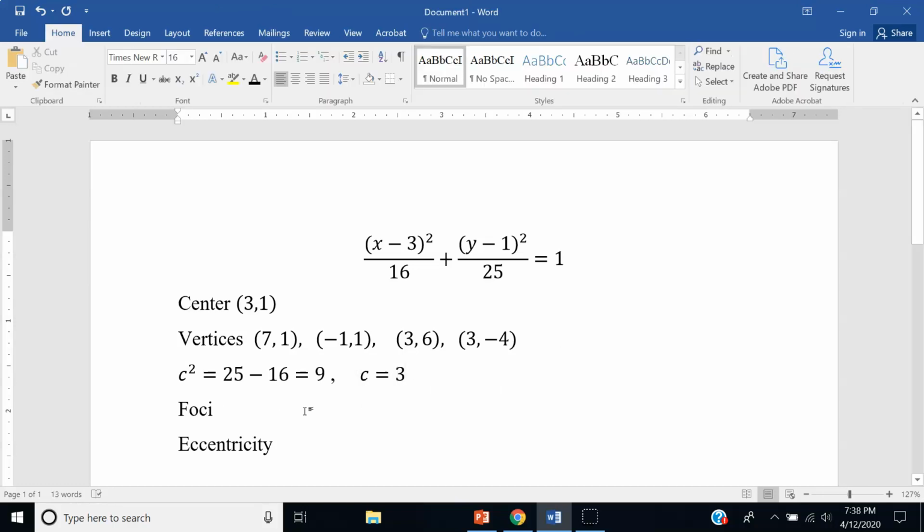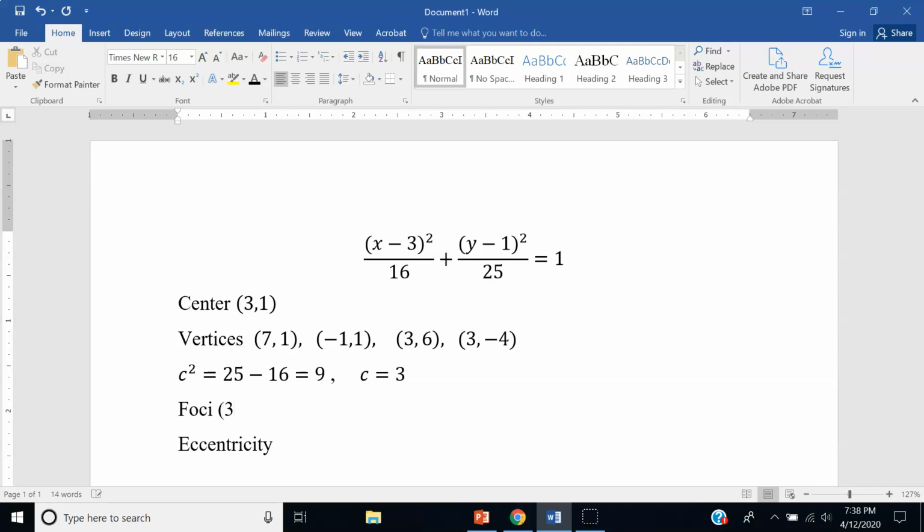Now, to get the foci, I need to go 3 units along the major axis. Since we got those endpoints by adjusting y values, the major axis is going to be vertical. And so we're going to add and subtract numbers to the y values to get our foci.